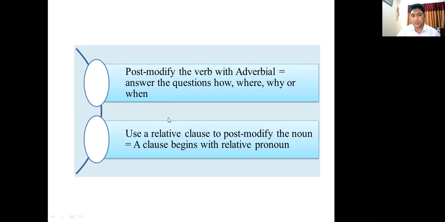A relative clause basically begins with relative pronoun, and in a clause there is subject and verb, and before relative clause you will find noun or pronoun.